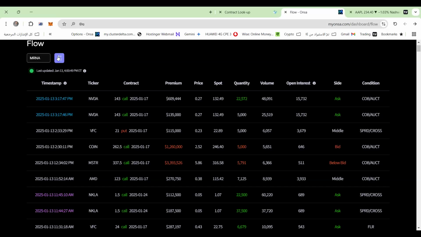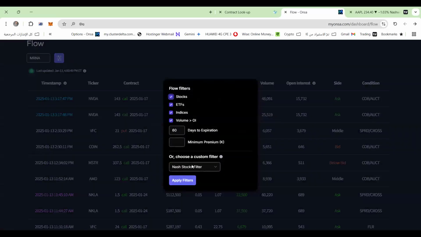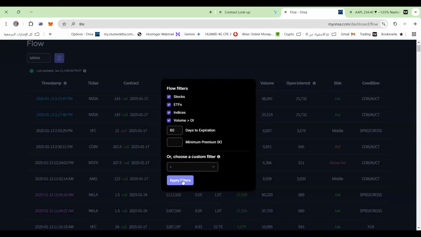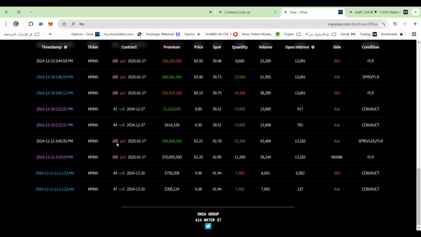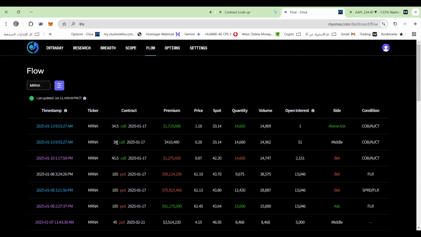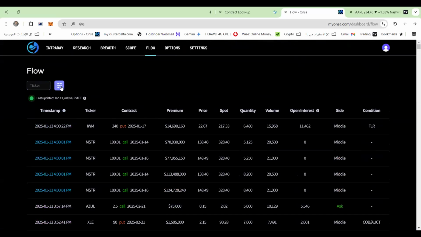Of course, you can check only the general flow, but there are hundreds of flows from many stocks and ETFs, so you will not get benefits from it. So I recommend using the filter instead of using the general flow. So from here, you can choose.